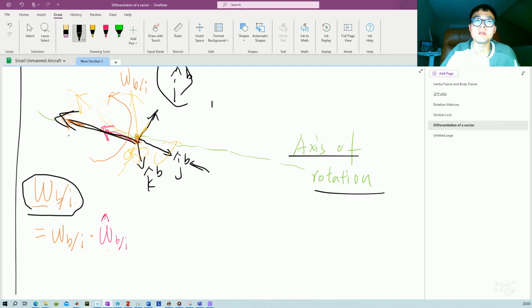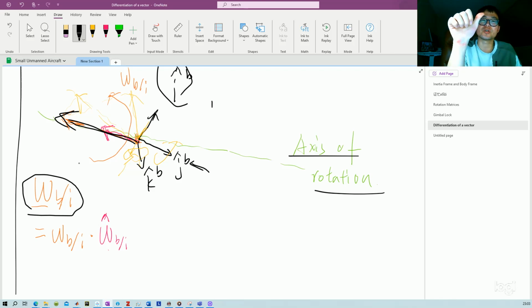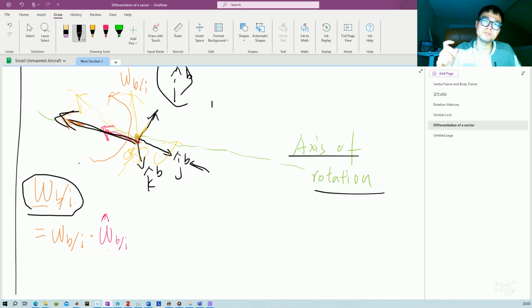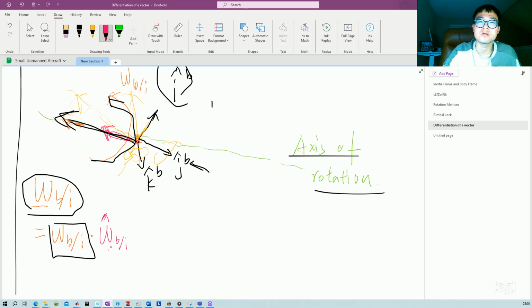However, the direction of the rotation needs to be judged by the right-hand rule, where you point your thumb to the direction of the vector, and then your curl direction will be the actual angular rotation. And the magnitude is of course this one, and similarly we could use a unity vector notation like this.